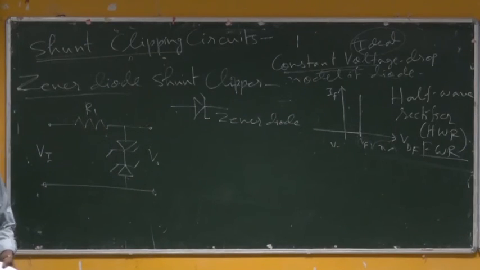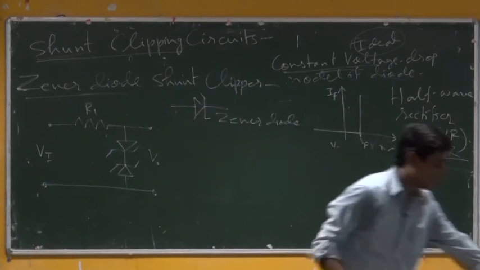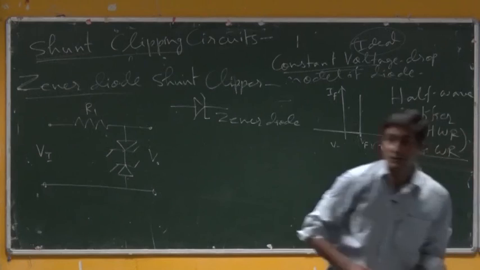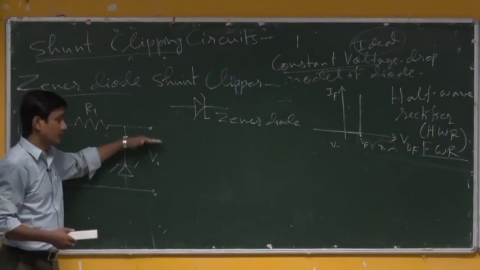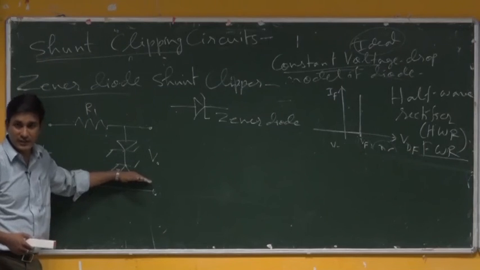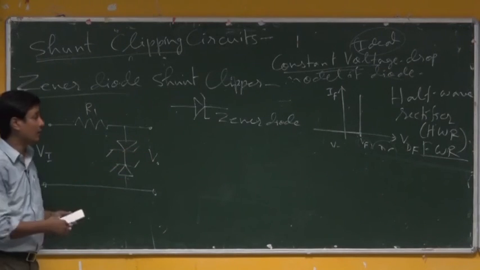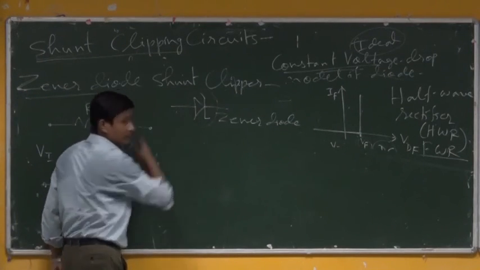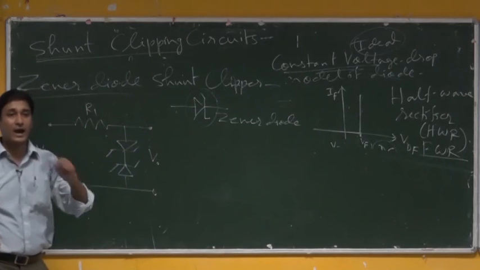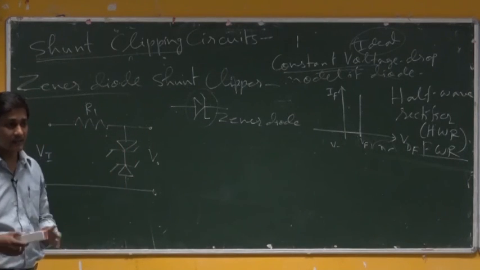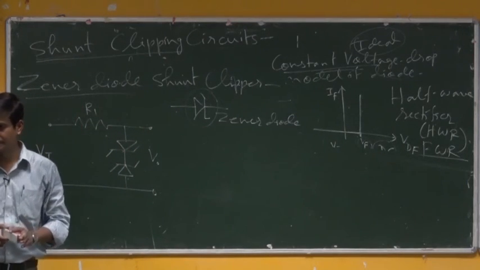After I have analyzed so many things on clipper circuits, the same kind of discussion can be made here, but the only difference is in the diode which is used. So, I would like to spend a few words on this diode which I have considered here for some particular purpose.